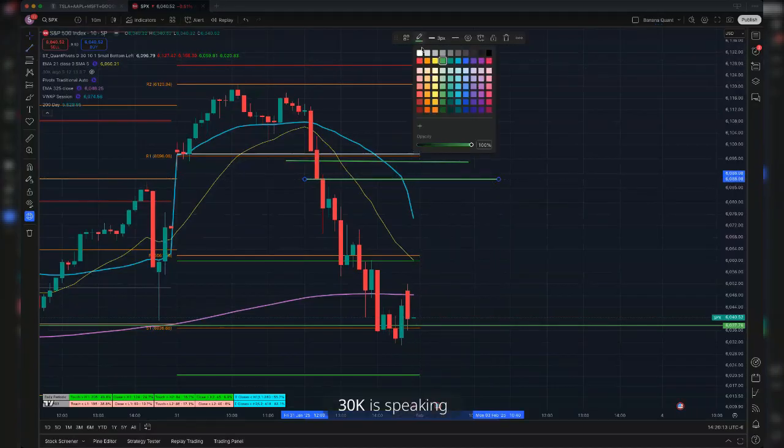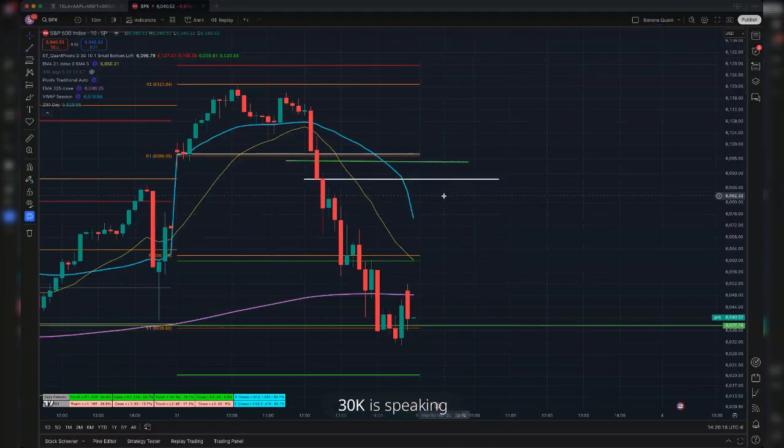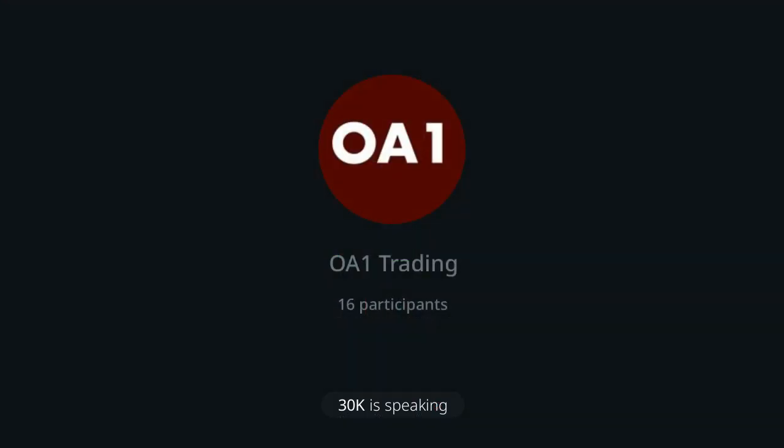All right, so you see the same setup this morning. You see the bearish setup of price breaking below the opening range. When price breaks below the opening range, especially when there's a gap, there's like 99.999% odds it's going to fill the gap, by the way, for future reference.